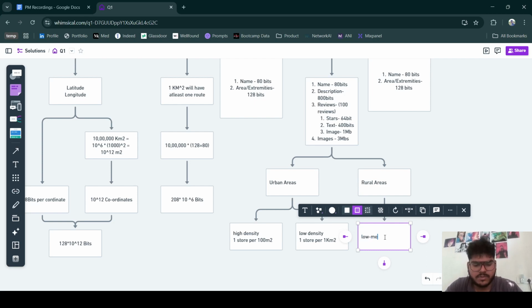It will be a low to medium density, where I'm assuming 1 store per 1 kilometer square area.